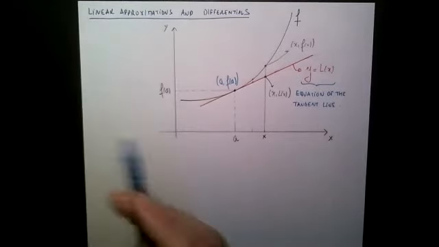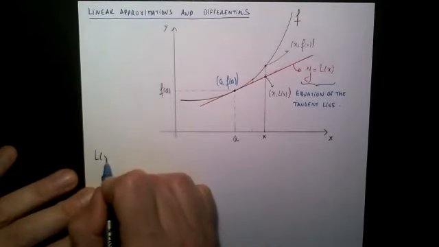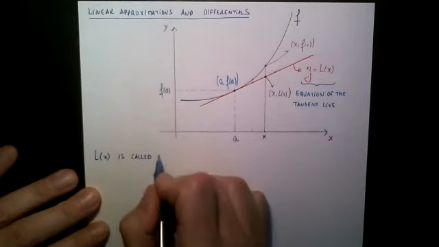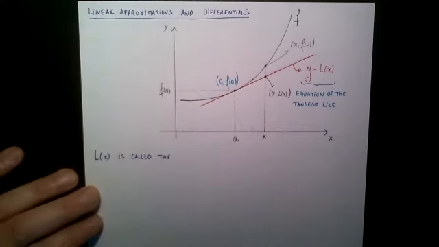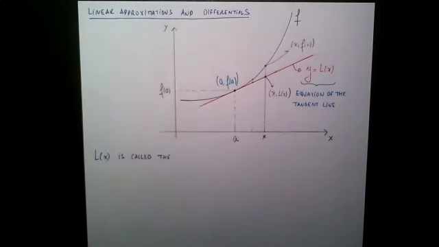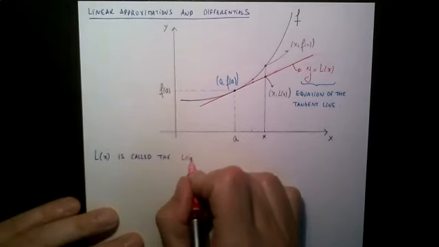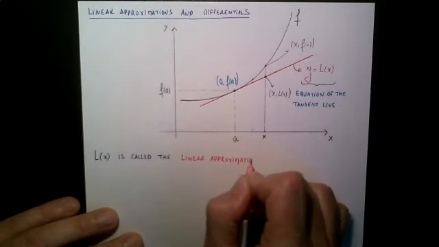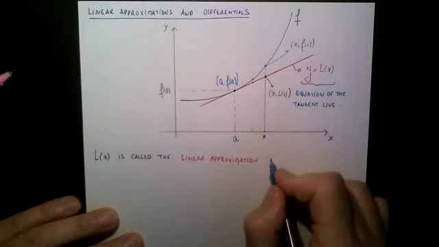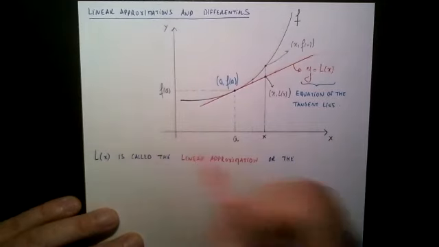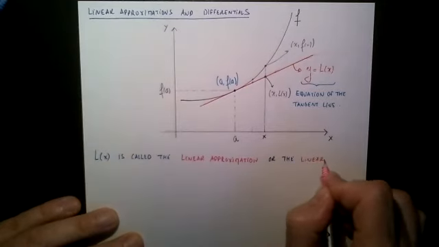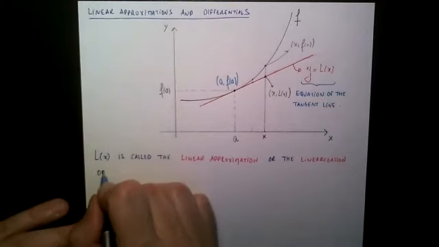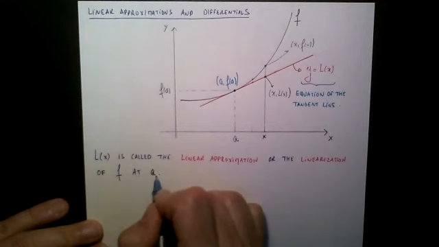So let's write down the definition here. L of x is called the linear approximation, or the linearization, of f at a.